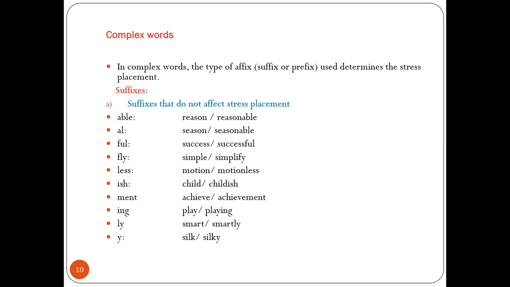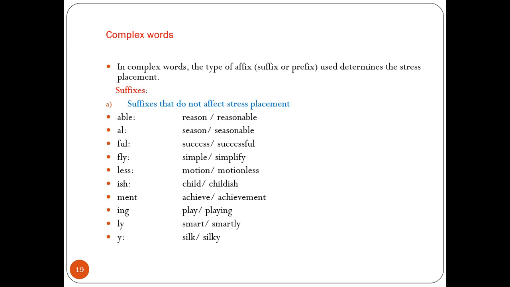Now move on to complex words. In complex words, the type of affix used determines the stress placement. You must know the type of affix. So we have some three different rules here. We have got some suffixes that do not affect stress placement.